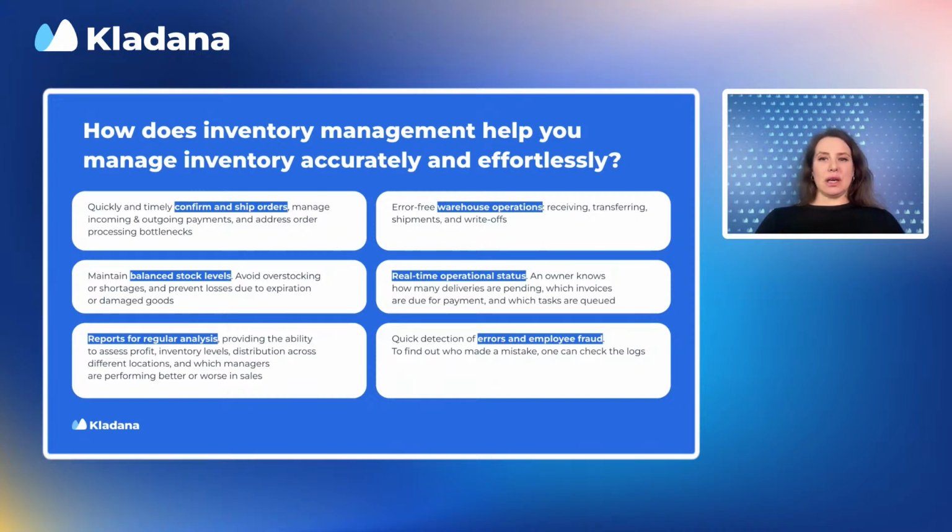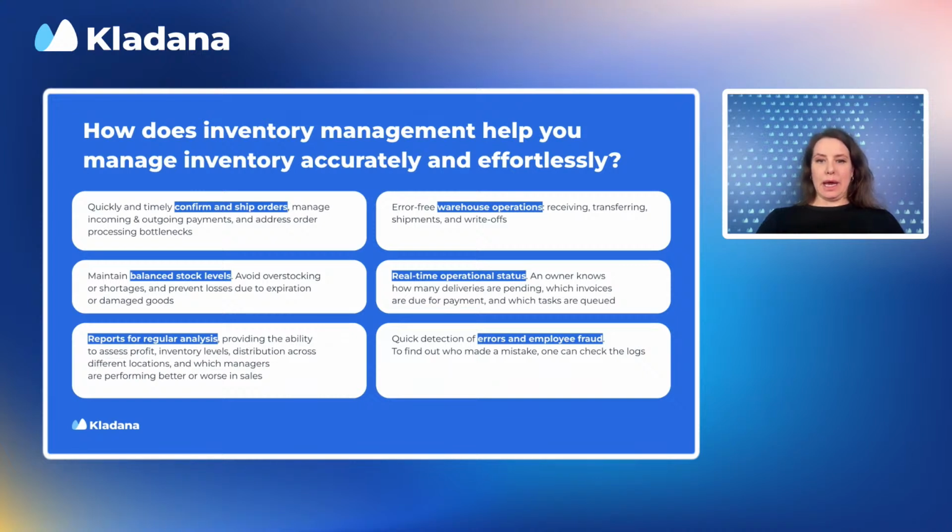Warehouse operations are error-free and efficient: receiving goods, picking orders, and most operations, or all of them, usually are done via barcode scanners, statuses change automatically, and notifications are sent in time. Inventory is kept balanced, with no overstocks, shortages, or losses from expired or damaged goods, and reports are available for regular analysis.